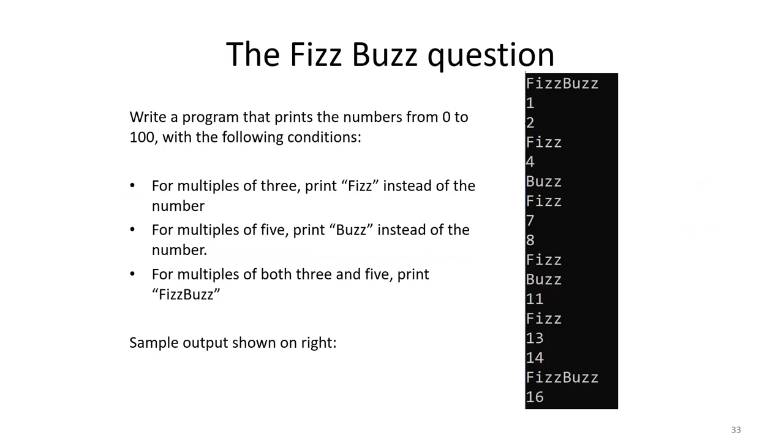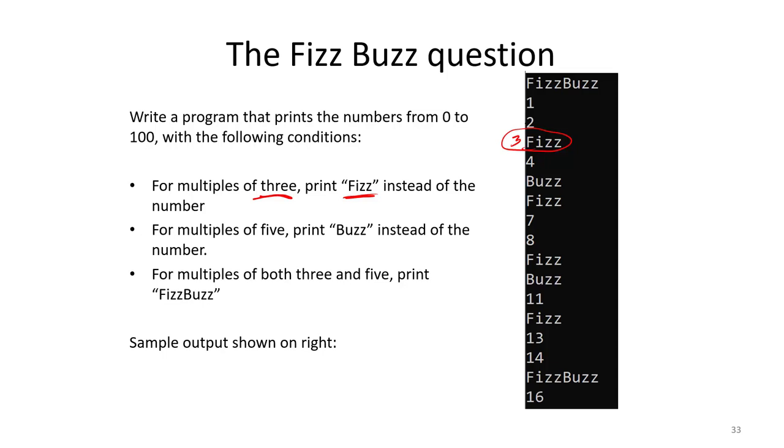So the FizzBuzz interview question asks the following. Write a program that prints the numbers from 0 to 100 to the screen with the following conditions. So if the number is a multiple of 3, here, number 3, you print fizz instead of the number.